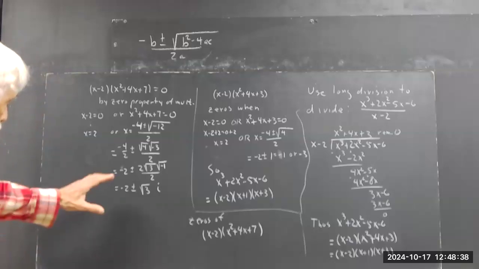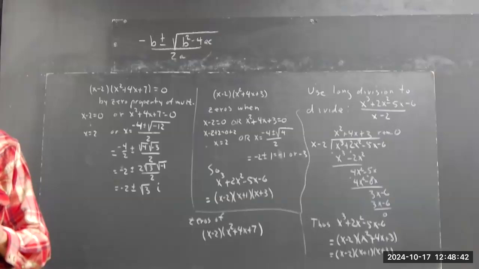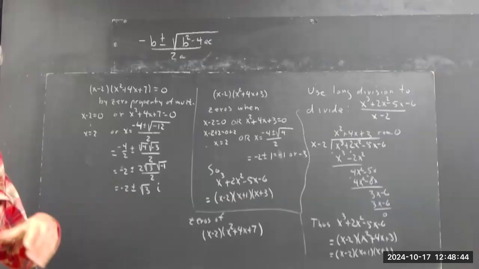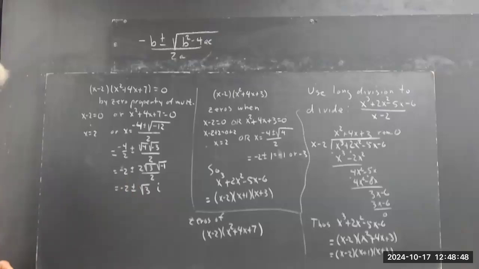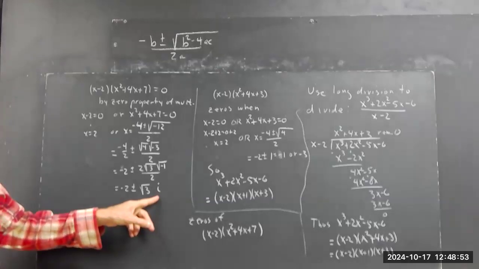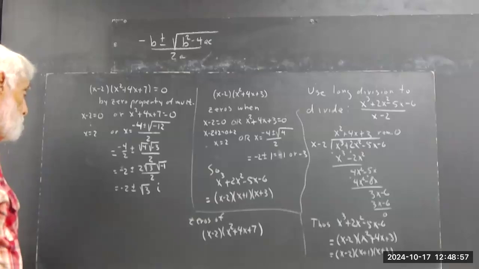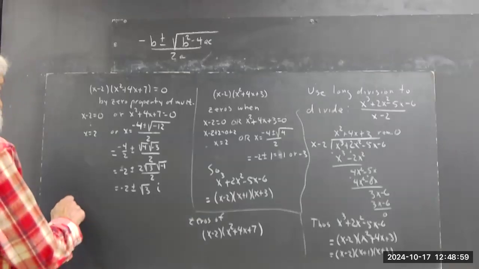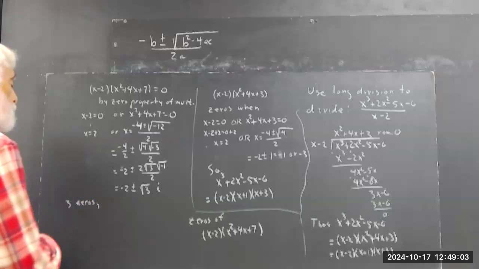Again, I don't think anybody's going to have any trouble with that. Operating with complex numbers is pretty easy. We'll do a little bit of it. All you got to do is remember that i squared equals -1. All right. So you get 3 zeros.